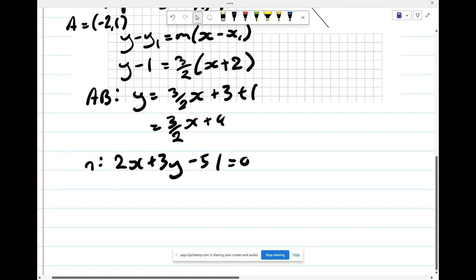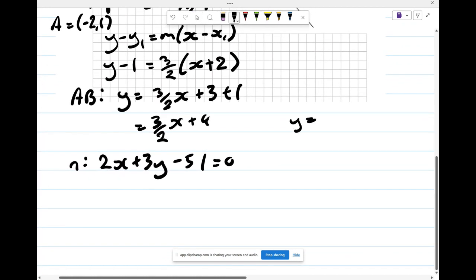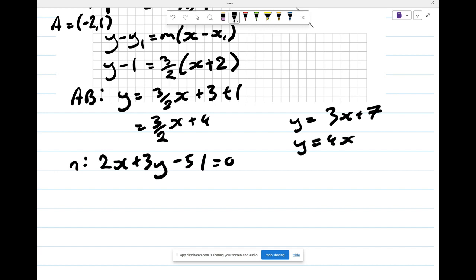Yep. So what we were doing before in our booklets was we had two lines in the form y equals mx plus c, say y equals 3x plus 7 and y equals 4x plus 5. Because these y's were on their own, we could let these two equations equal each other and then get x and then sub back in and get y. So let's do that.